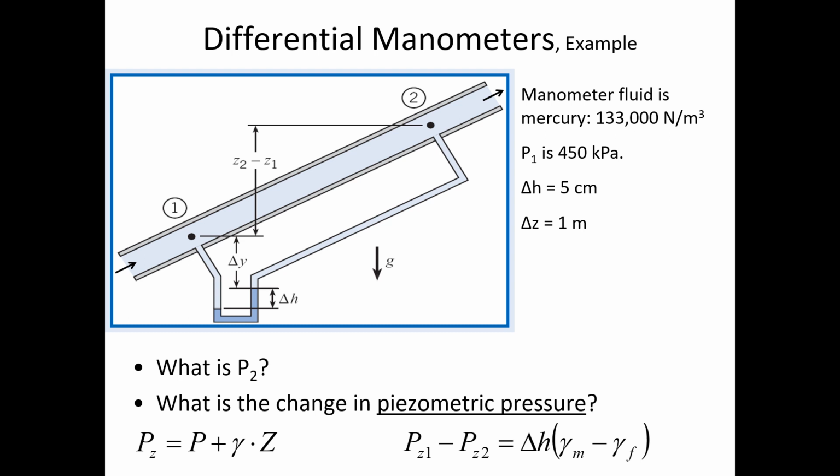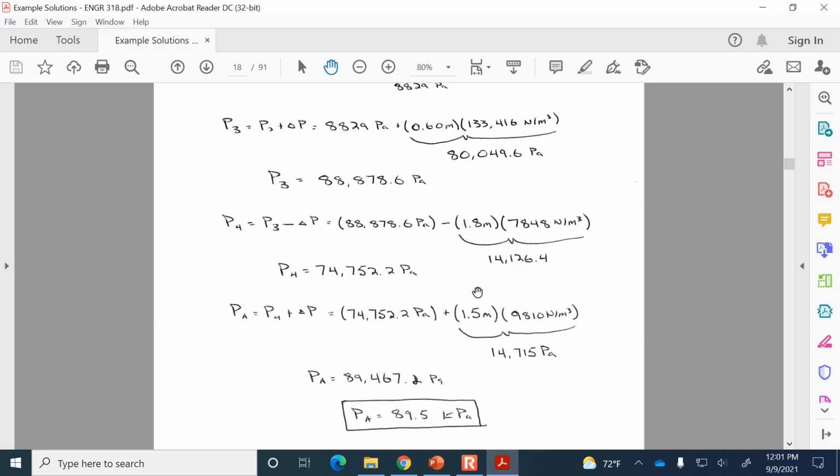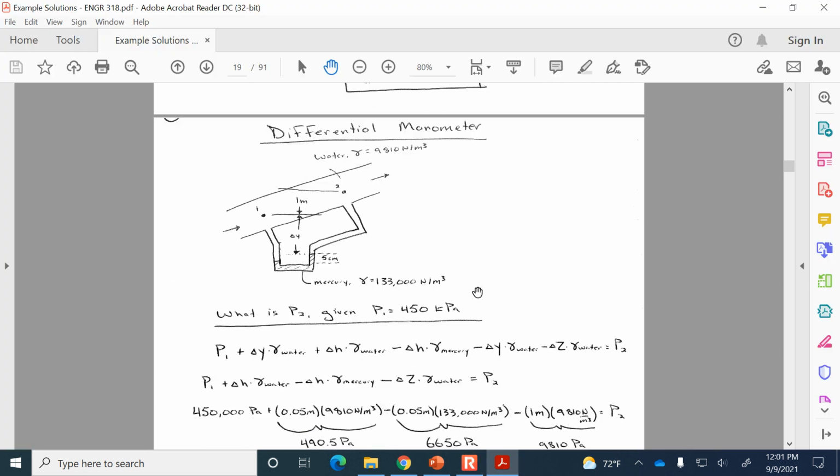Minus 1 meter of water, 9810 newtons per meter cubed, and all of that is what gets me to the pressure at 2. Let me bring this solution up on the screen so that it's included in the video record.